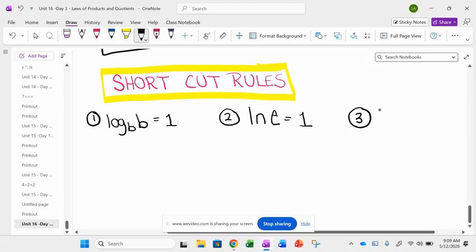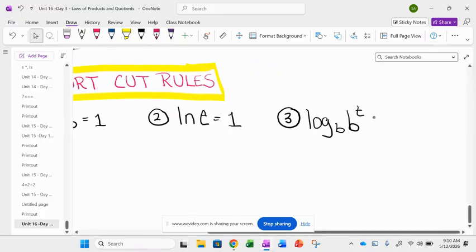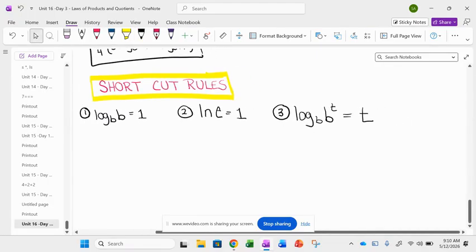Third rule, if I have log base b of b to the t power, that equals t. Like I said, I'm going to write down all my shortcuts, and then I'll explain each one. There's one more.